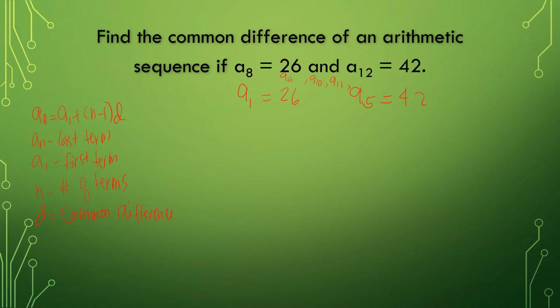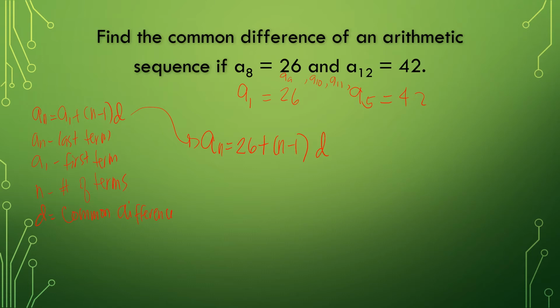So, in this example, using the general rule, a sub n equals a sub 1 plus n minus 1 times d, a sub n is equal to, your a sub 1 is 26, so substitute 26 to a sub 1, so it is equal to 26 plus n minus 1 times d.